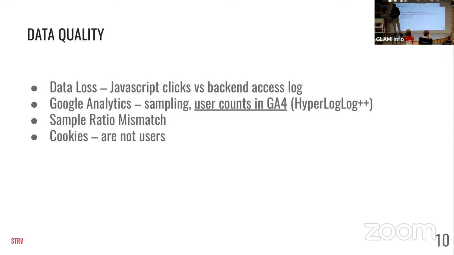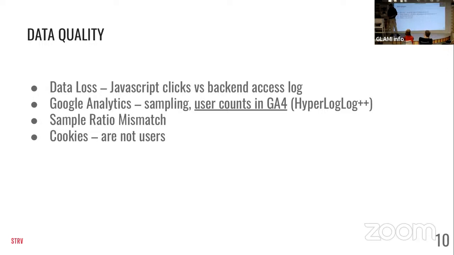Then we have something called sample ratio mismatch, which is basically a simple thing. If your number of users in version A and version B is different, for some techniques it's not that important. For some techniques it's very important. So yeah, triple check that you have the same number of users in both groups.